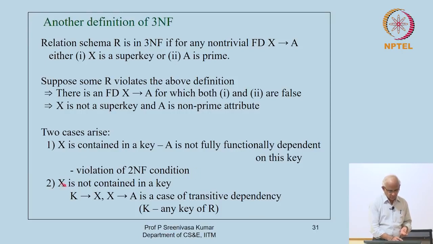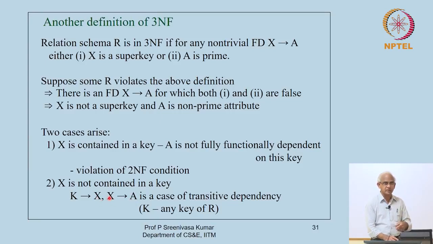Now supposing the other case, that x is not contained in a key. Then you consider some key K for this relation. Obviously, K determines x, because K determines every subset of attributes, K is a key. So, K determines x and x determines A, and x is not contained in a key.